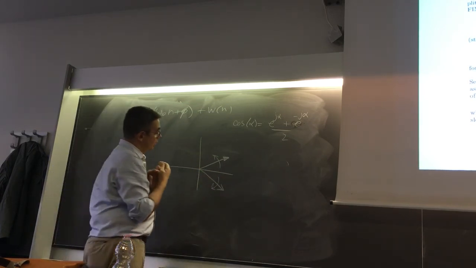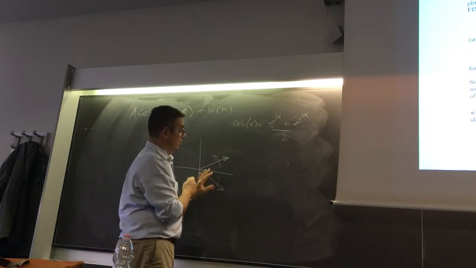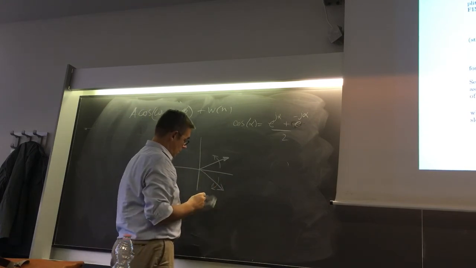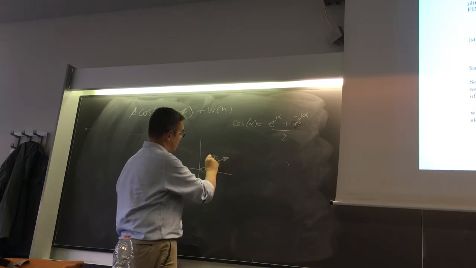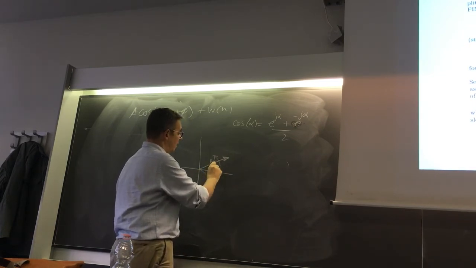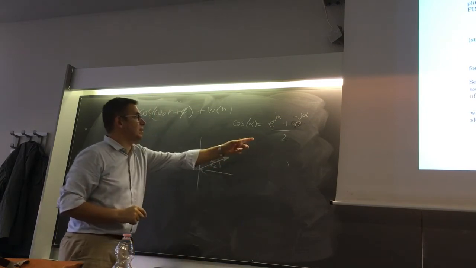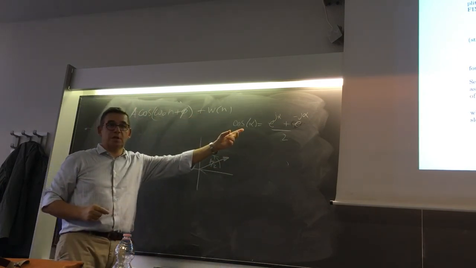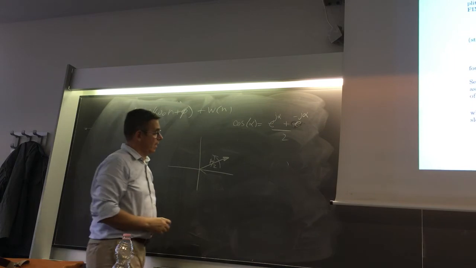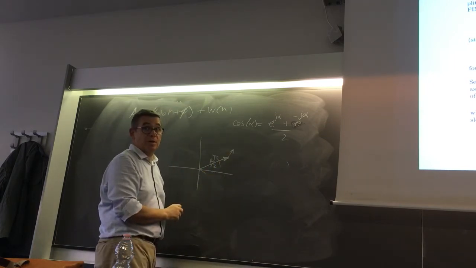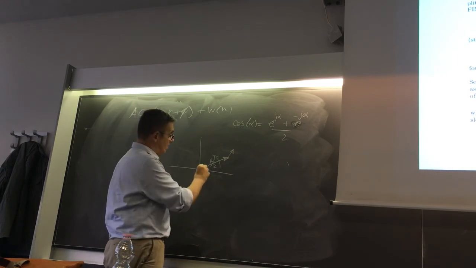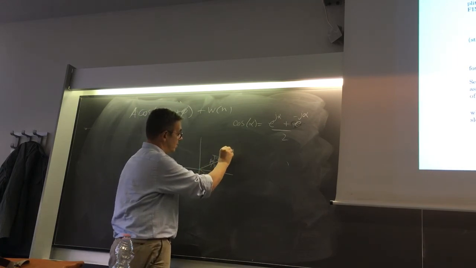Now, looking at just one vector, it has a length A divided by 2, because of the story of summing 2 vectors. So I have a long vector here, and then there is some noise superimposed. So the phase I'm looking at is this one.